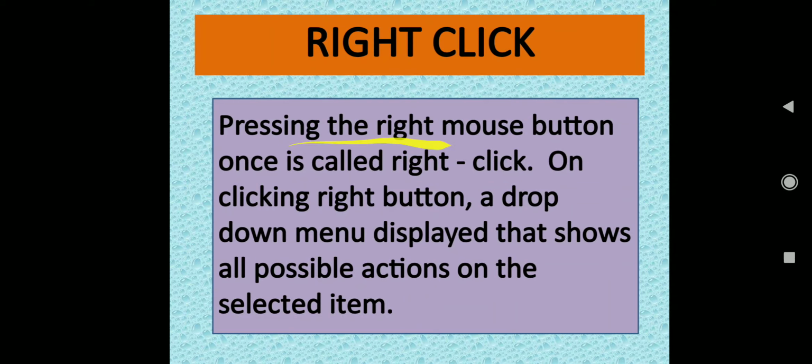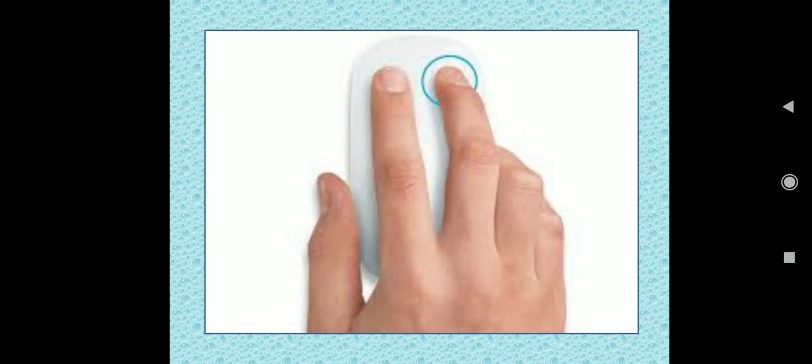Pressing the right mouse button once is called right click. On clicking right button, a drop down menu displays that shows all possible actions on the selected item. This is the image which shows the pressing of the right mouse button of the computer mouse.